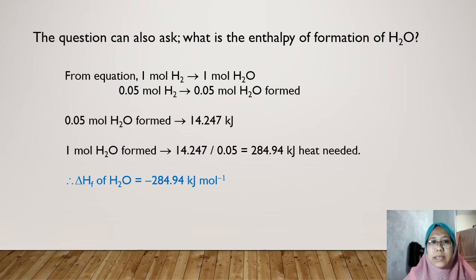It's a coincidence that there is 1 mole equivalent to 1 mole in this equation. But if it's different, then you have to multiply by certain stoichiometric coefficient that is established from your balanced equation. So ultimately, the final answer is going to be the same. Negative 284.94 kJ per mole is the enthalpy of formation for water in this question.